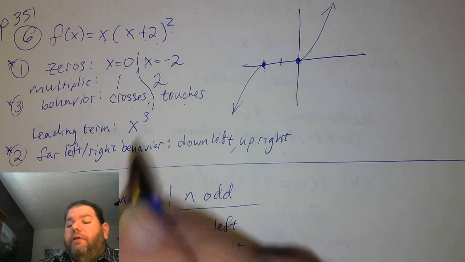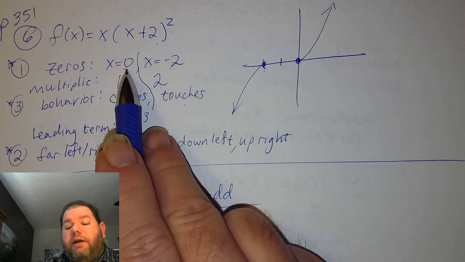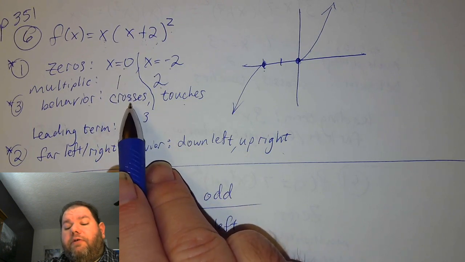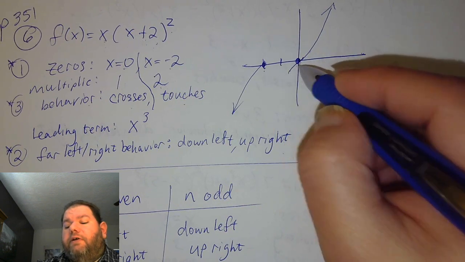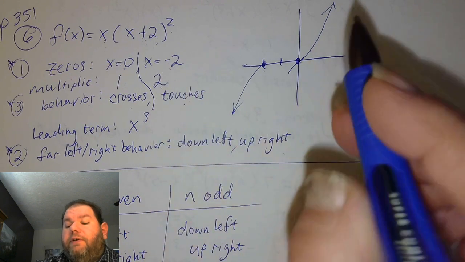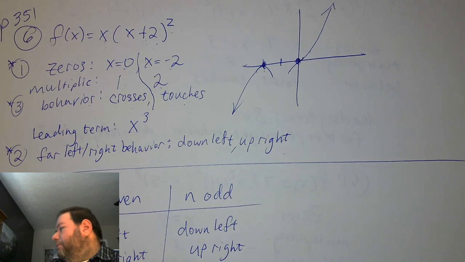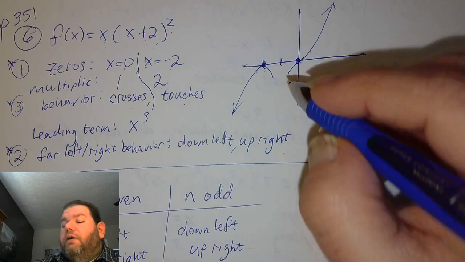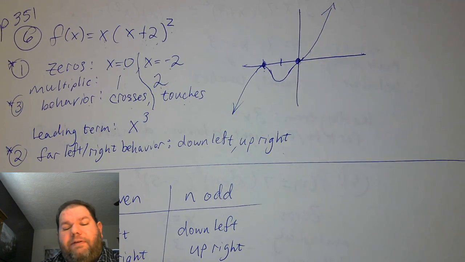Now, third, we look at the behavior based on the multiplicity. At x equals 0, we know the graph crosses the axis. It crosses the axis here. And at x equals negative 2, we know it touches the axis like that. And then from there, we just link up the two pieces of the graph, because they should be on the same side now.